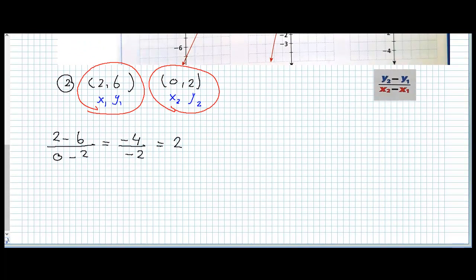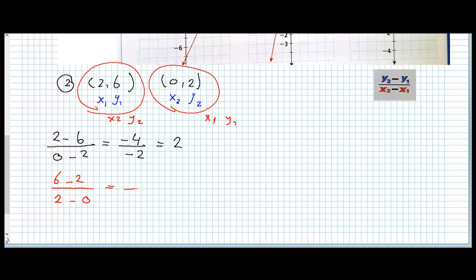Let's try to take this part as x1 and this as x2. Okay, so I will put our rule. y2, that means here 6, minus y1, that means 2, over x2, which is 2, minus x1, which is 0.